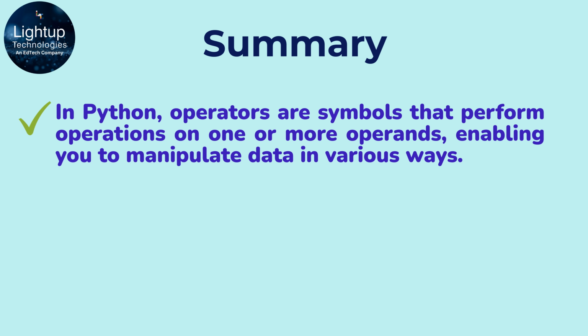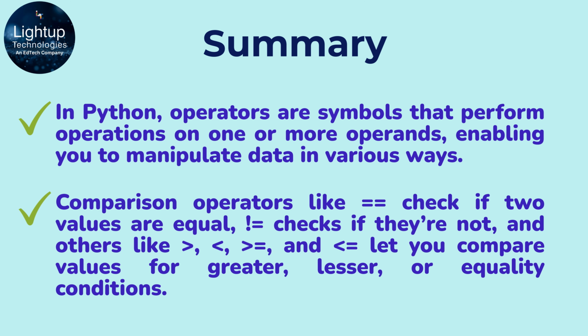In Python, operators are symbols that perform operations on one or more operands, enabling you to manipulate data in various ways. Let's take a quick look at the key types of operators you'll be using. Comparison operators like double equals check if two values are equal, not equals checks if they are not, and others like greater than, less than, greater than or equal, and less than or equal let you compare values for greater, lesser, or equality conditions.